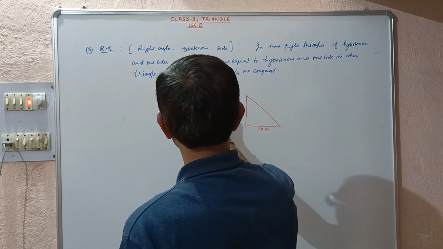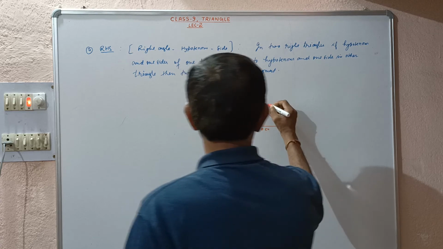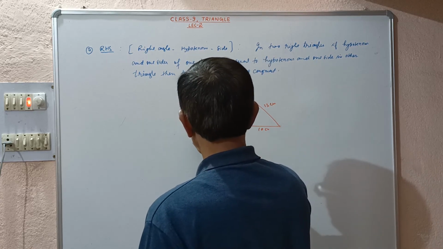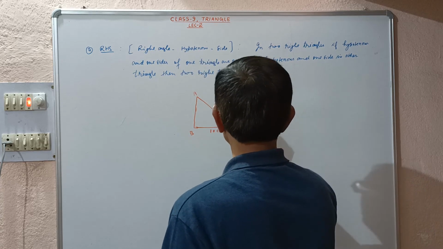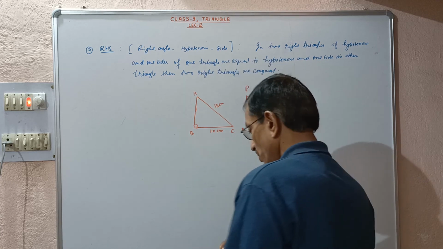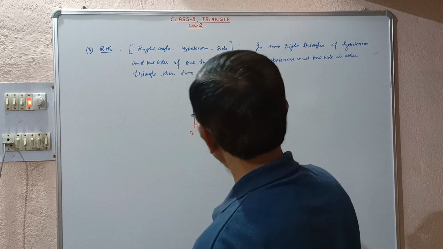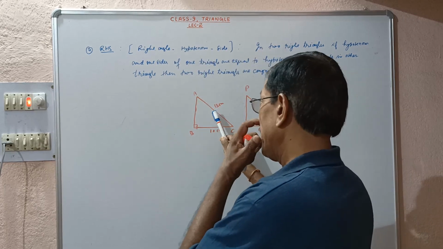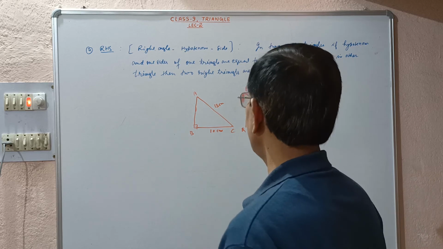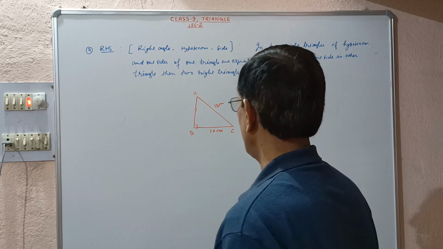And the hypotenuse, suppose this is 13 centimeter, and this is also 13 centimeter. ABC and PQR are two right triangles, and I have told you, in two right triangles, if the lengths of hypotenuse are equal, then other than the hypotenuse, these two are known as sides. They are also sides, but the hypotenuse name is fixed.